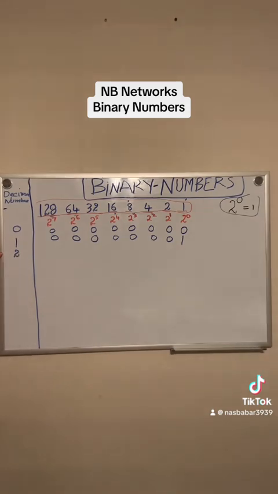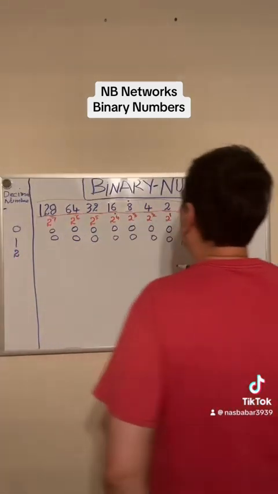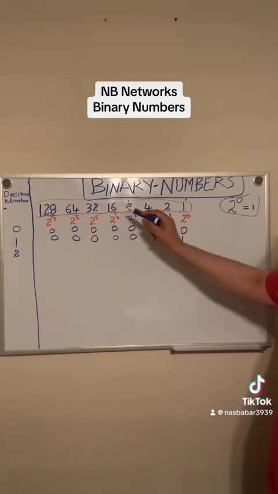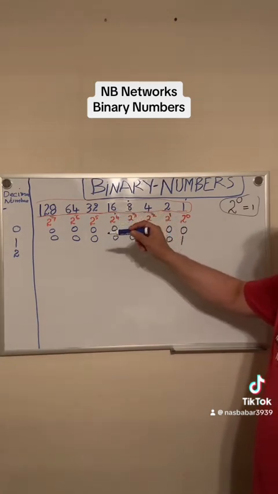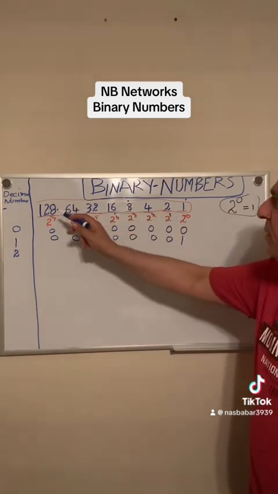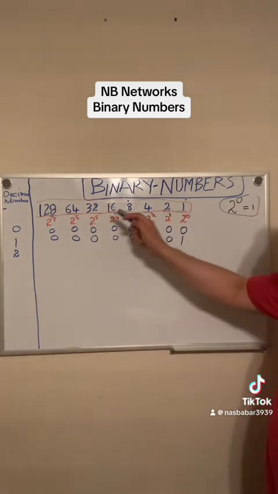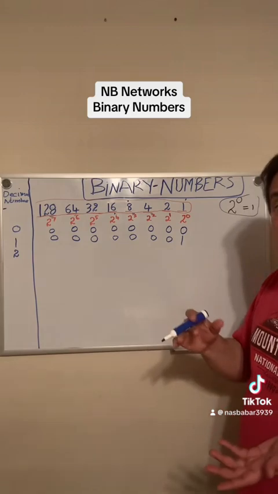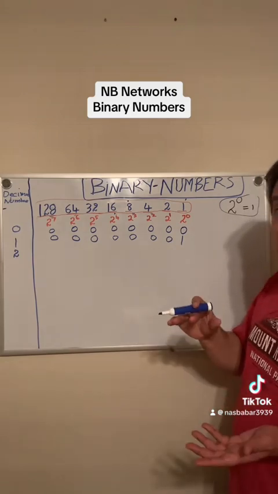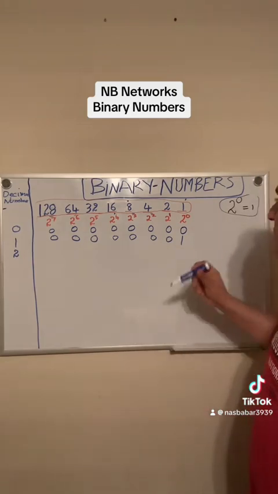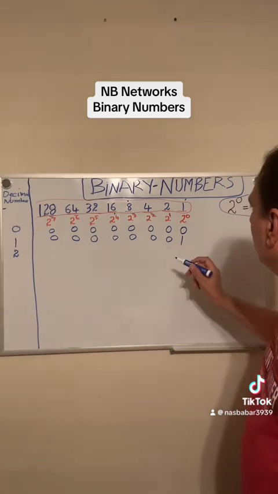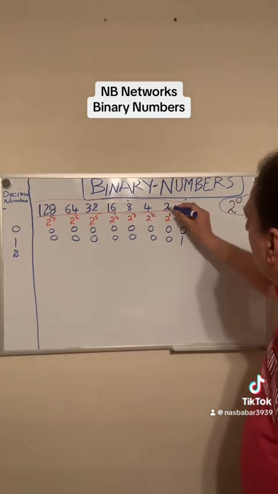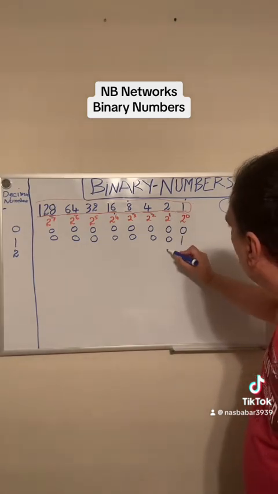With number 2, I can look it up on my cheat sheet. When you do this at home practicing, make sure that you have this reference baseline. It'll help you transfer the numbers from binary to decimal or vice versa quickly. In the case of number 2, I know this bit right here needs to be on.